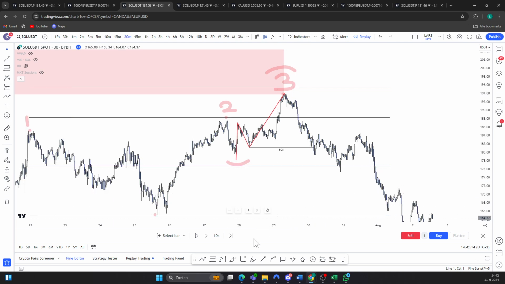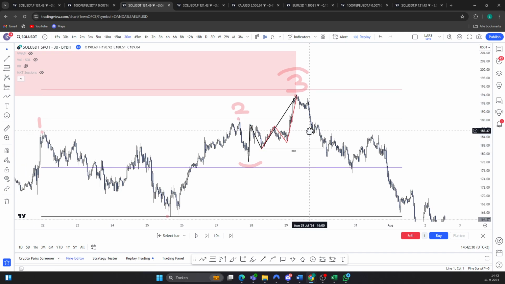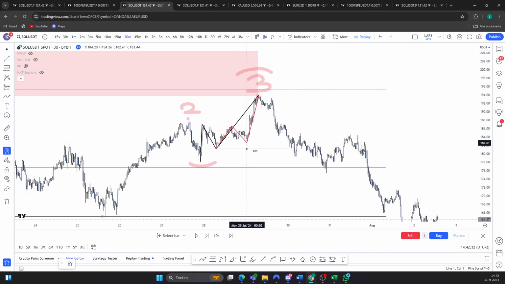So can we dissect this last leg even more, this last expansion up? We can dissect it even more using our blue market structure pool. Actually, let's make this black. Then we have our red right here. This low is here as well, but it's the same story, right?